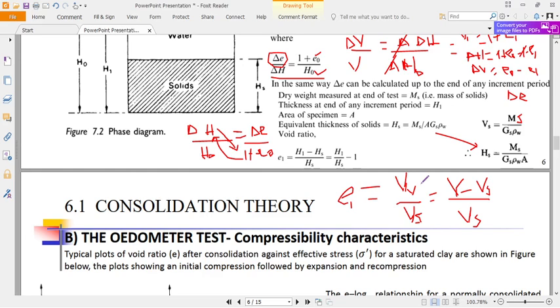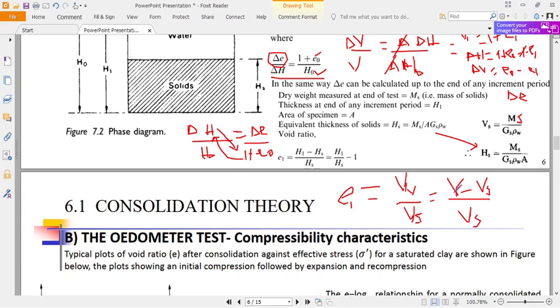Now, if the area is the same, volume is equal to height times area. Now, if the area is the same, then the area will cancel out.